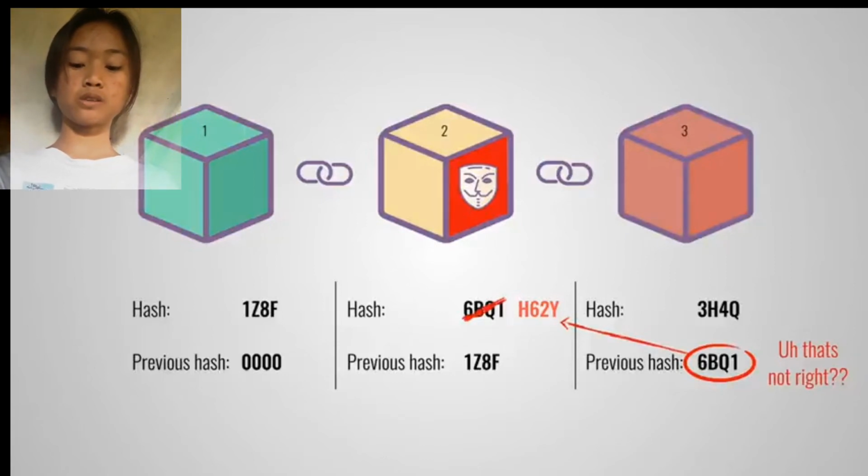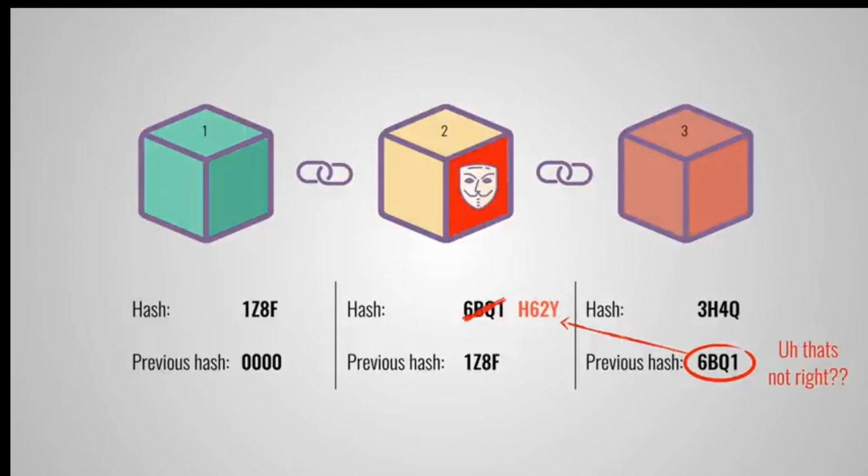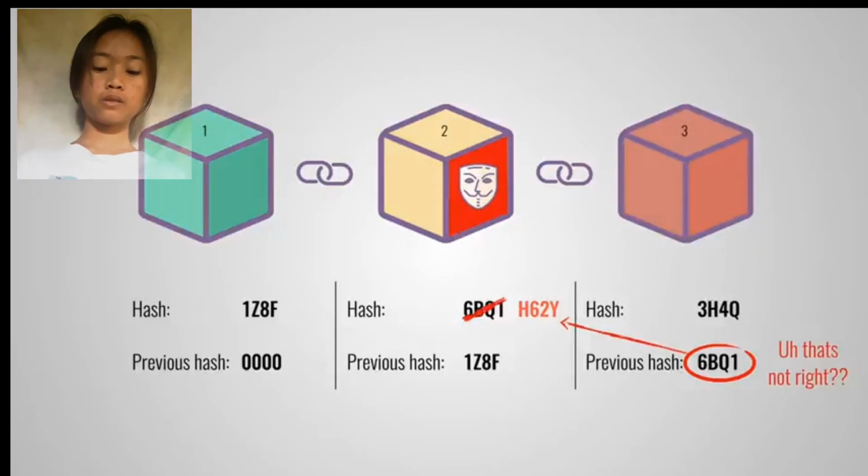So changing a single block will make all the following blocks invalid, but using hashes is not enough to prevent tampering. Computers these days are very fast and can calculate hundreds of thousands of hashes per second. You could effectively tamper with a block and recalculate all the hashes of the blocks to make your blockchain valid again.